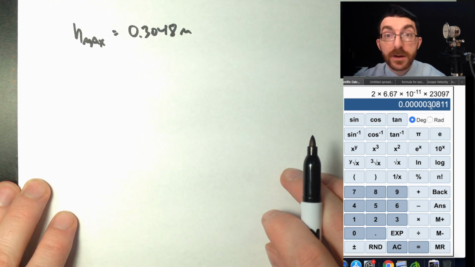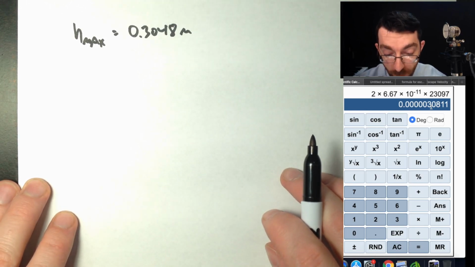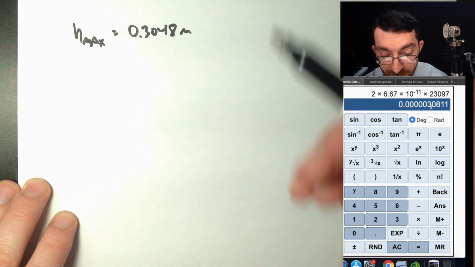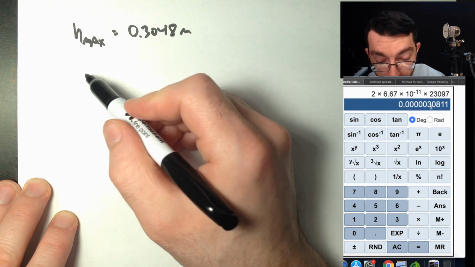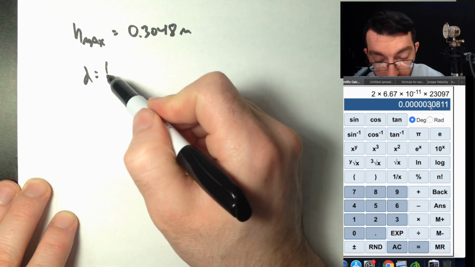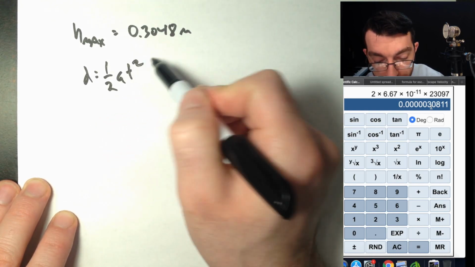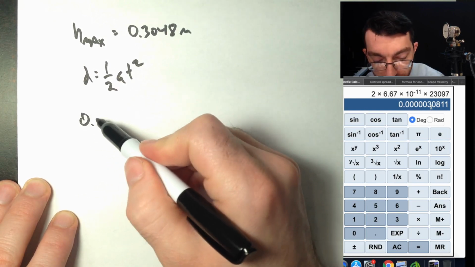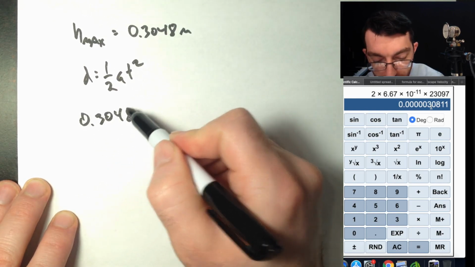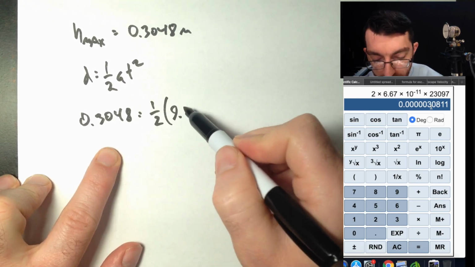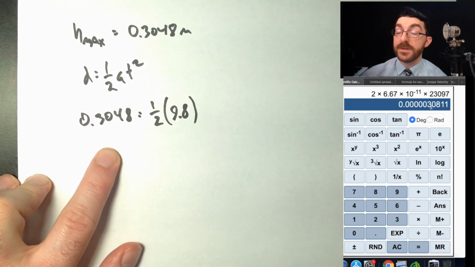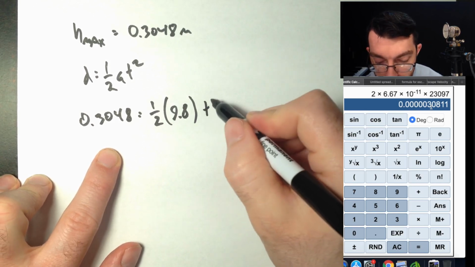Then I can also find how fast my jump was, and that's not that hard. It's just how fast would I be going if I fell from that height. All right, so I can find a time. That's not too hard. We require this equation, if you remember this one, right? So if I fall a height, that's my distance, equals half of, and then acceleration is 9.8, because that was acceleration when I jumped, and there's t squared.